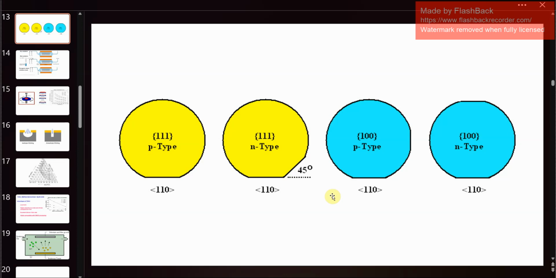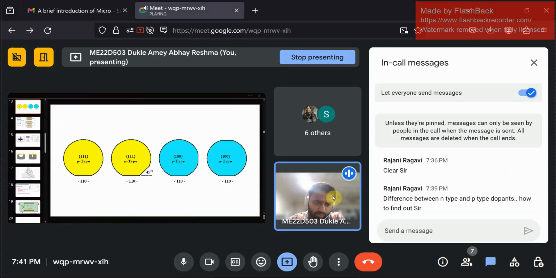So 6, 4, 3, 12 is how I remember them, but you need to find a way to remember them. I hope I was clear about the difference between N type and P type, both the dopants as well as the wafer types.